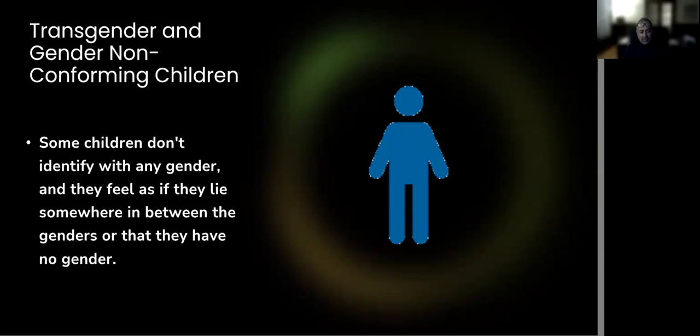Yes, it is true for some children, but for others, it is how they are, and they will most likely become transgender adults. This means that they identify with a gender that is opposite of their birth sex.